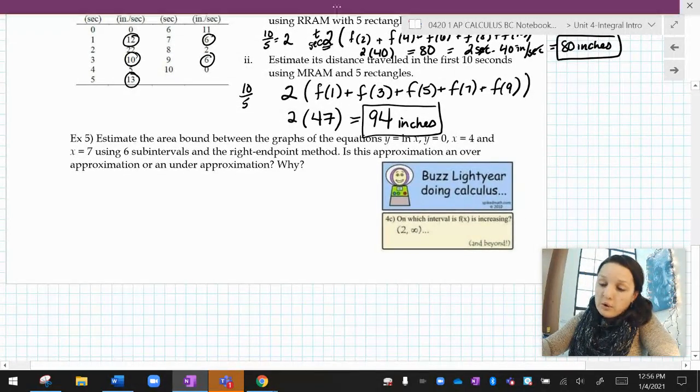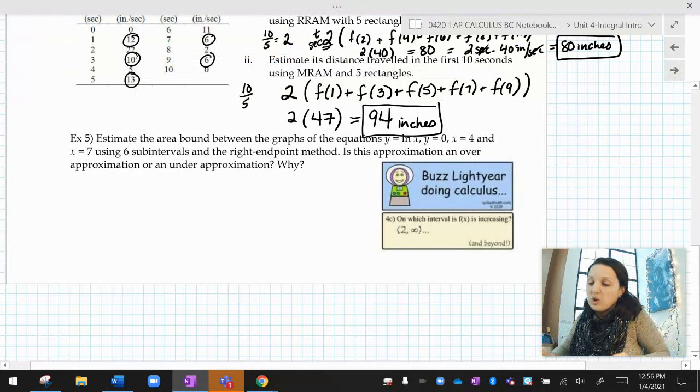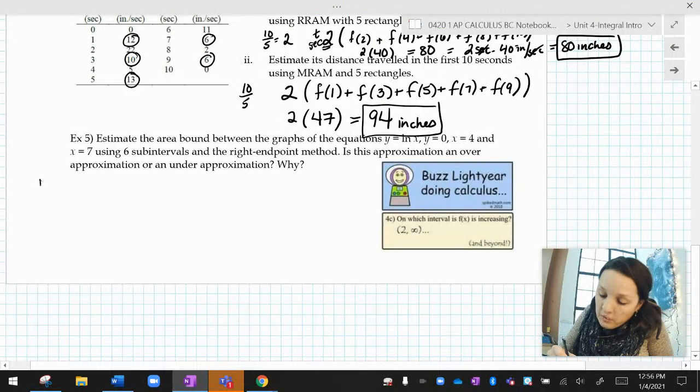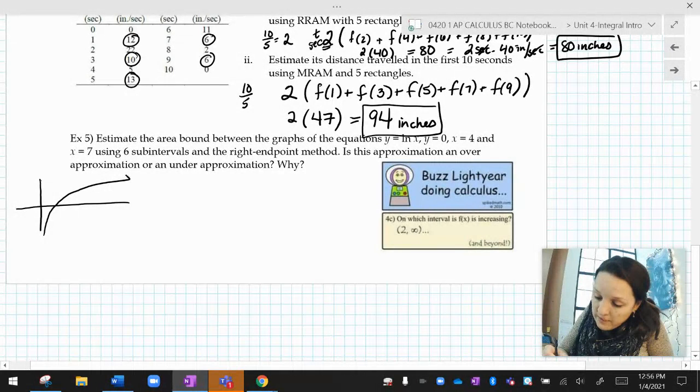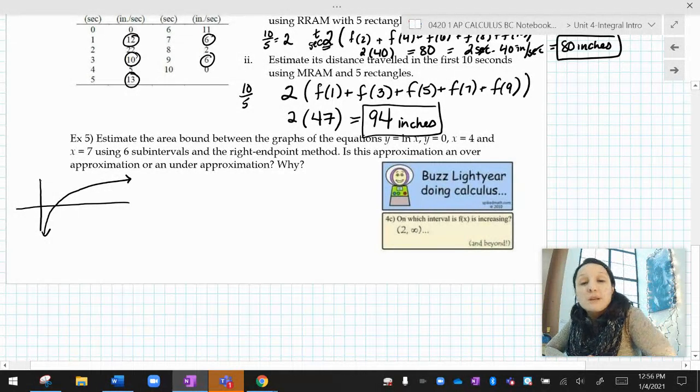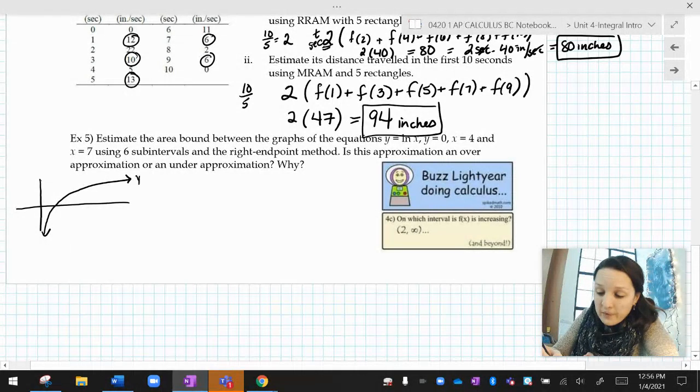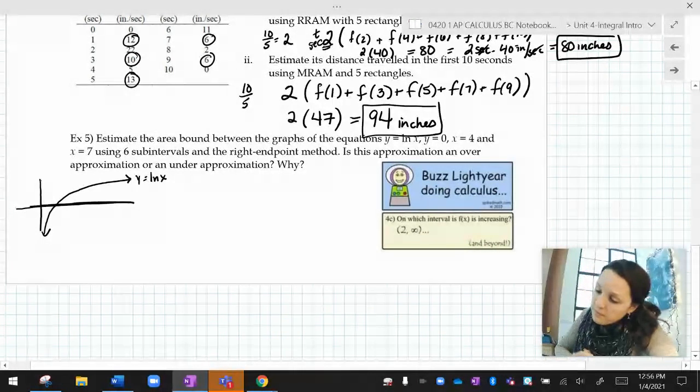Okay, well, I'm going to graph this because that seems like a good idea. So if I want to graph y equals ln x, it looks like this. Yes, you should know it looks like that. If you don't know it looks like that, know it now. So there's y equals ln x. And y equals 0 would be the x-axis.